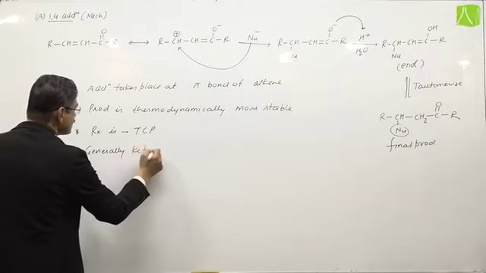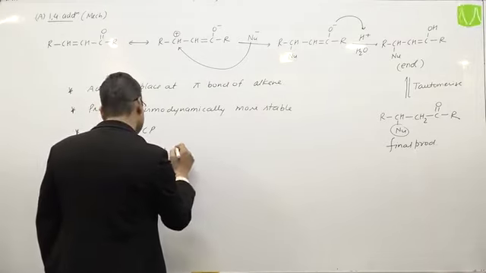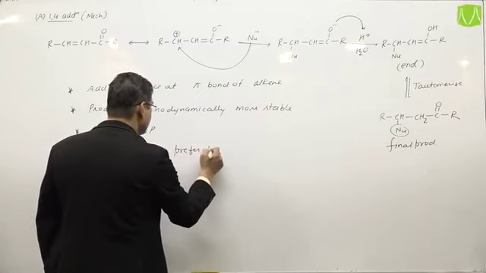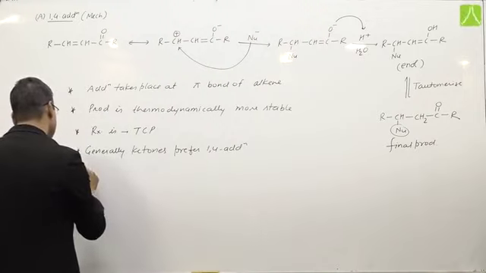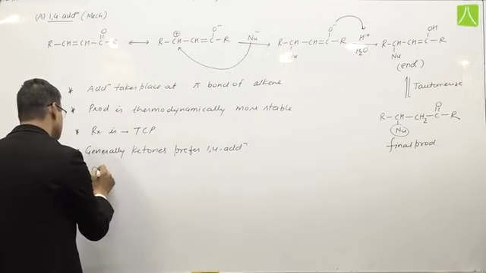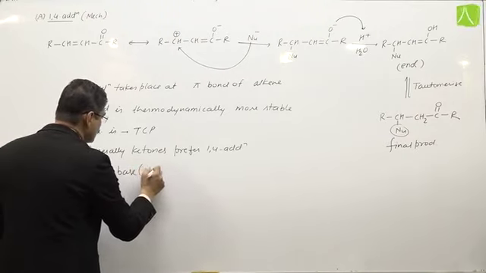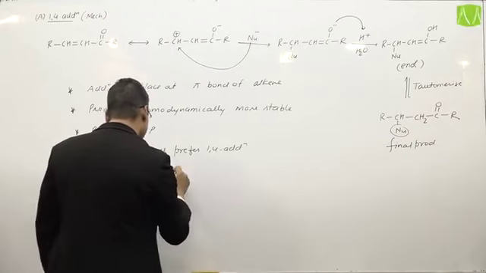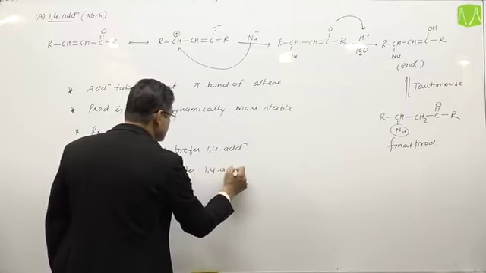Generally ketones prefer 1,4 addition. Also soft base or soft nucleophile prefer 1,4 addition.